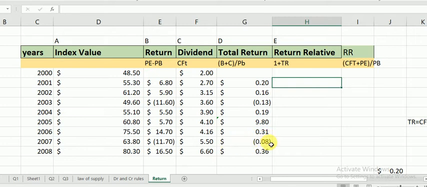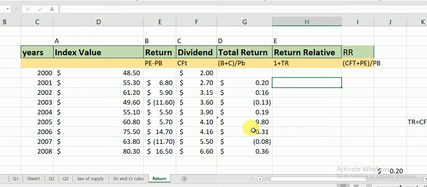Here again in 2007, 0.08, so negative. If we compare the prices, the 2006 price is $75.50 and the 2007 price is $63.80, so it means the price decreased. Now these two values in the total returns are negative, so we want to convert these total returns to return relatives. Clear?